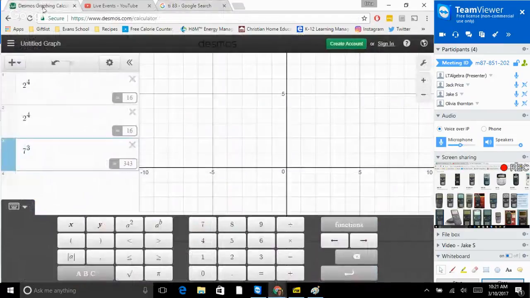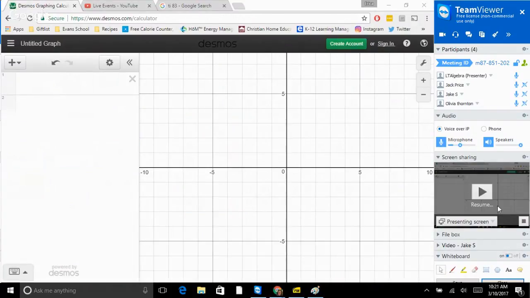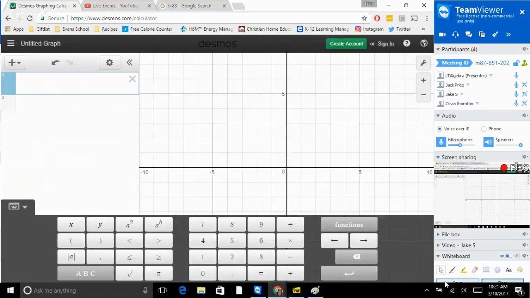But Desmos actually lets you graph all kinds of equations. For example, the next chapter that we're talking about is called linear equations, and linear equations means lines. So we're going to be able to say the equation of a line, and this is a preview, so don't worry.